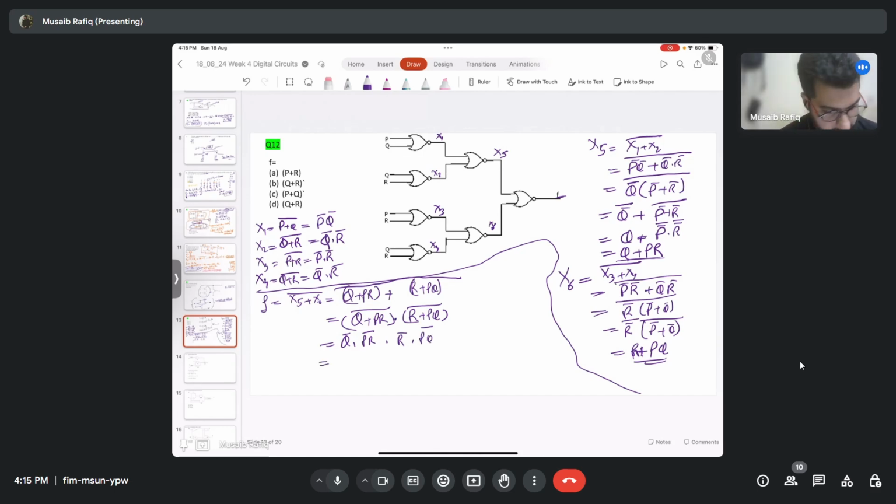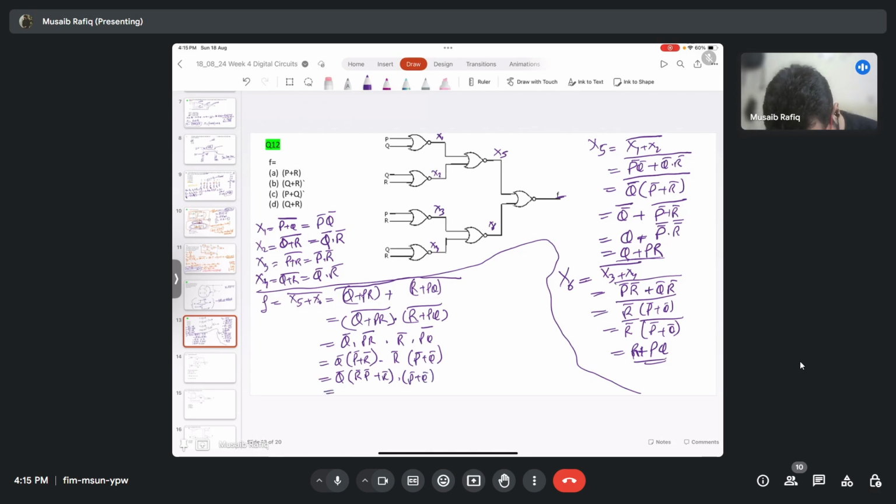Then what I'll do here is I'll again use De Morgan's law. I have q bar (p bar plus r bar) dot r bar (p bar plus q bar). Then I will take this r bar common and put it into this bracket. It will be r bar p bar plus r bar, then (p bar plus q bar).